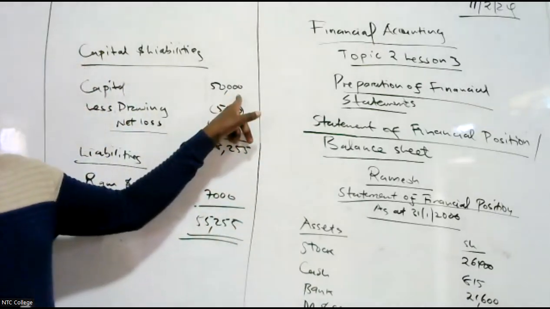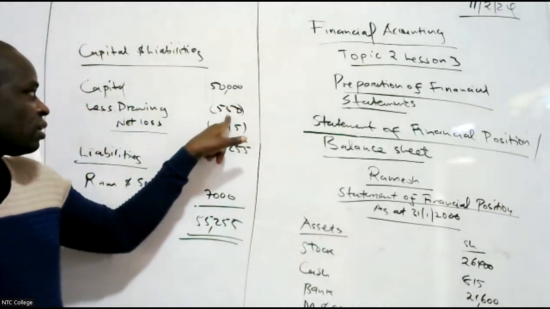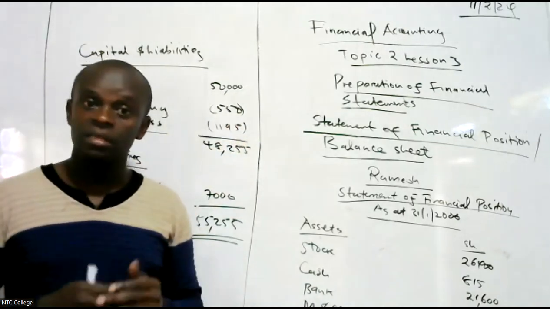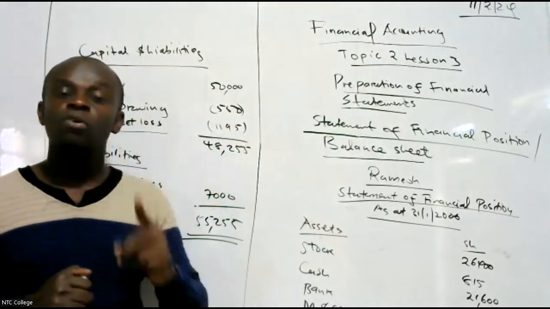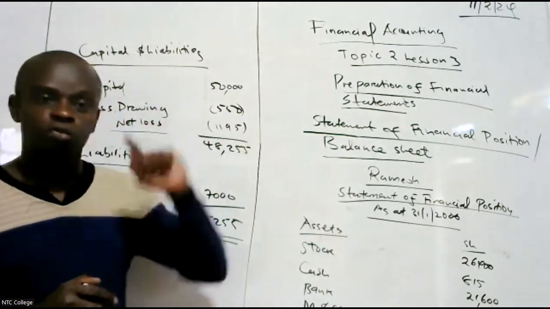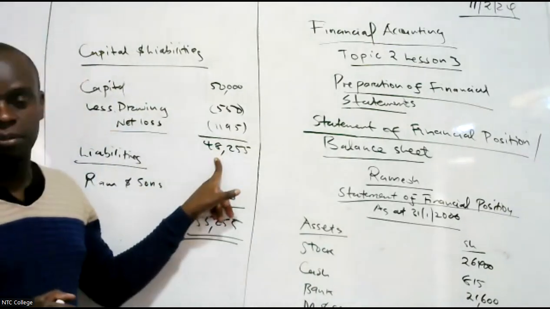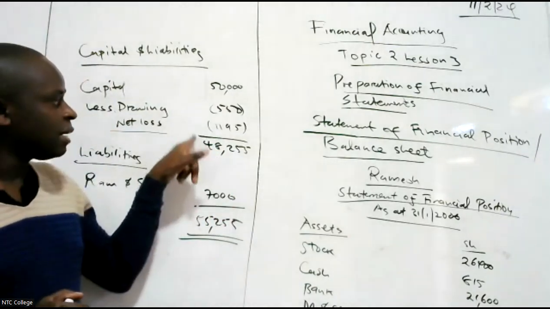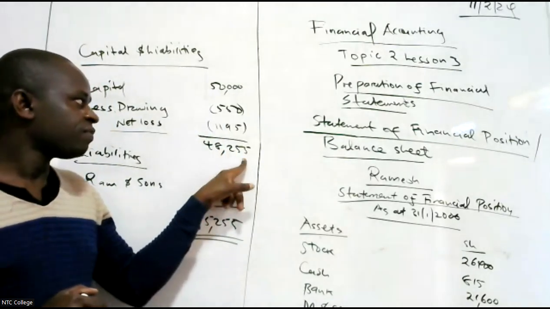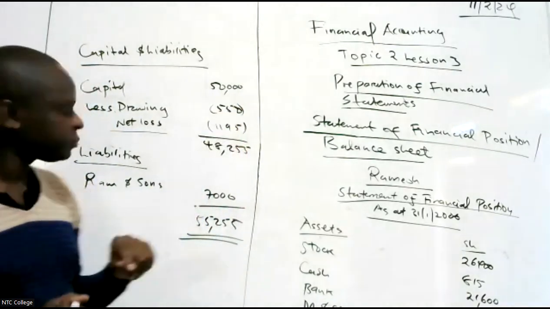That's why we are deducting this thing called drawing. Again, if the business makes losses, the loss should be deducted from capital. That's why we are deducting 1195 from the capital, so that we get the net capital. So their capital has reduced from 50,000 to 48,255 because of these two items.